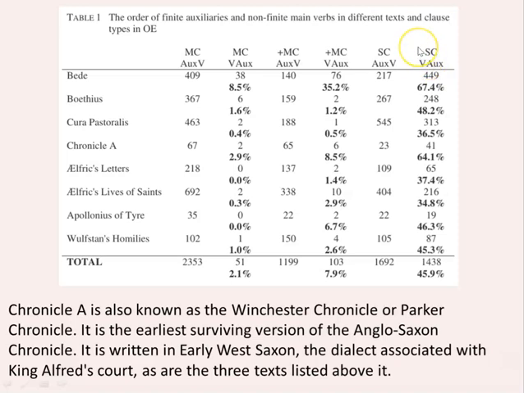Both of those are verbs, but combining those, you can see in Bede it's 67.4%, Boethius 48.2%, the Cura Pastoralis 36.5%, and Chronicle A 64.1%. And it definitely looks higher than, say, in late West Saxon. So there's a change happening there. Interesting though, isn't it?